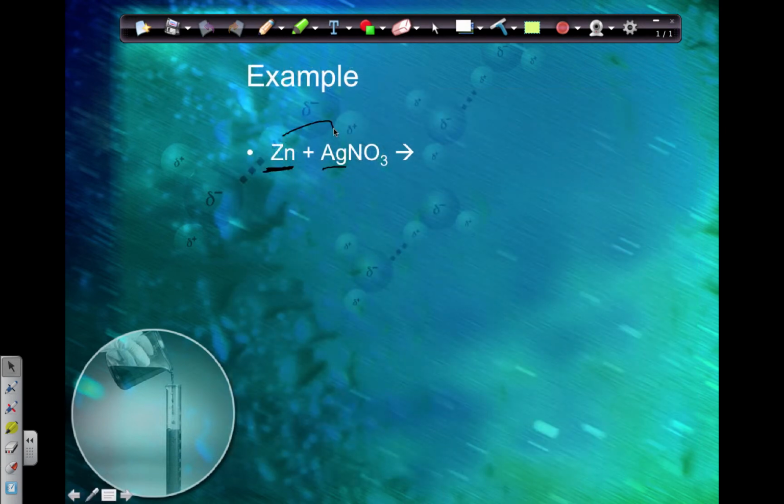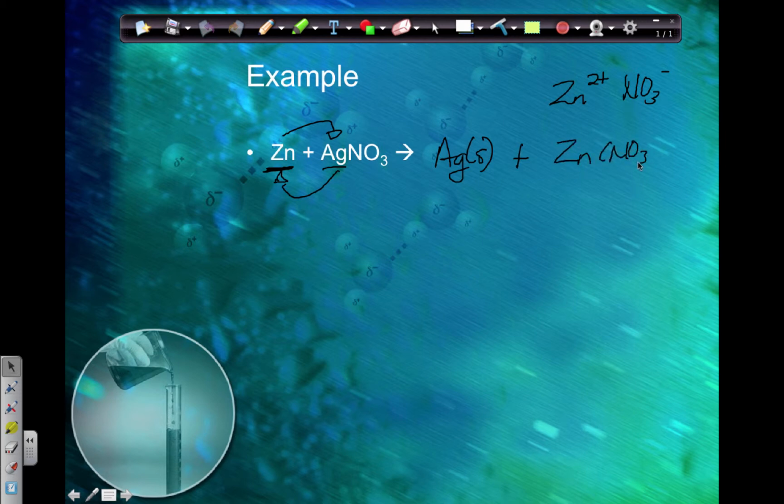So zinc will replace the silver. Silver will be by itself, so you're pulling solid silver out of the solution. And then zinc will bond with nitrate. So -1 and +2 crisscross, and that's going to be the aqueous.